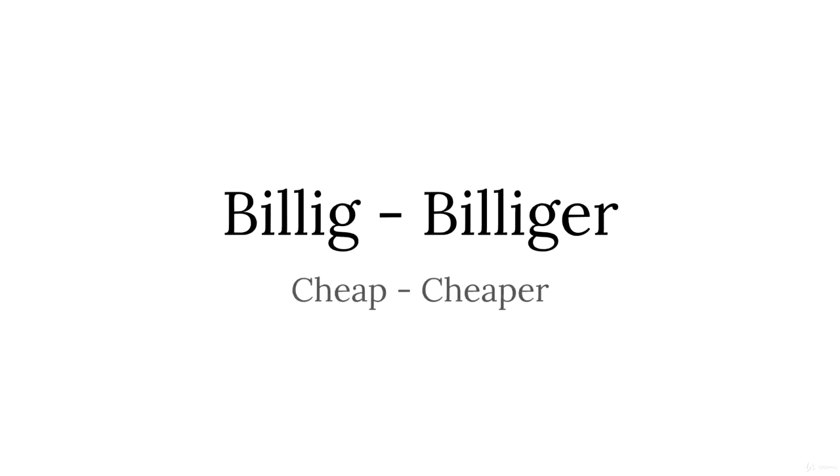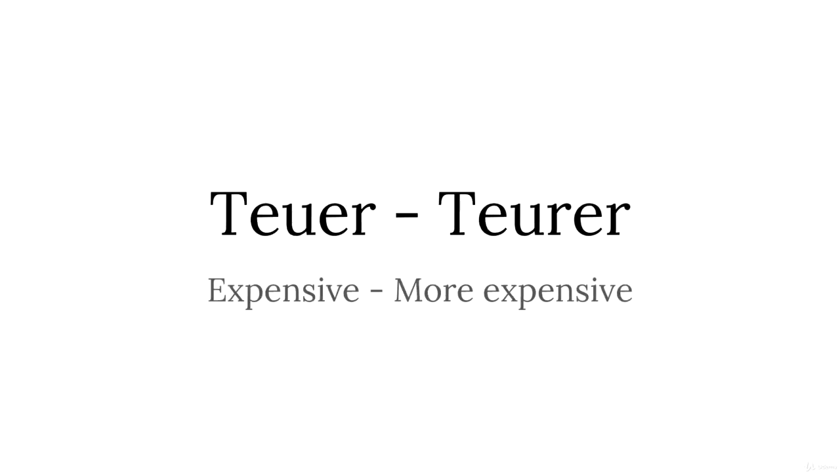Cheap and cheaper is billig and billiger. Billig and billiger. The opposite, expensive and more expensive, is teuer and teurer. Teuer and teurer.